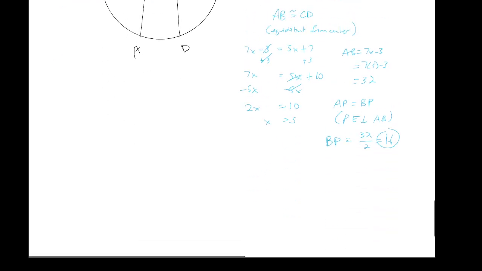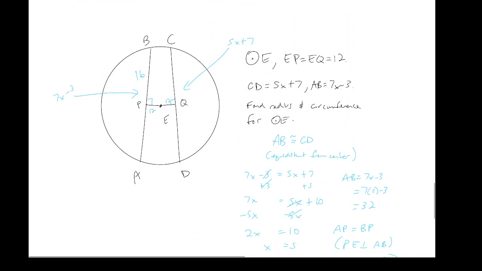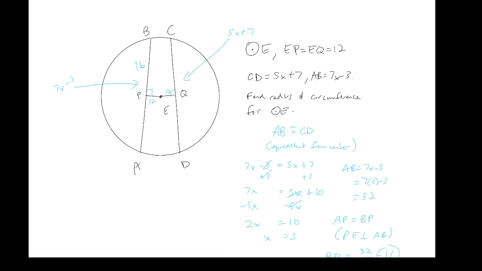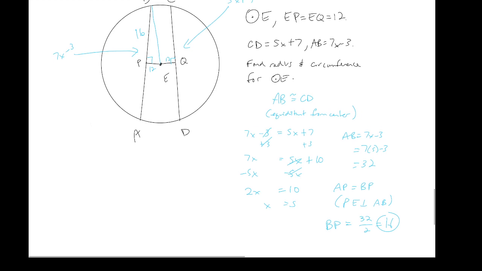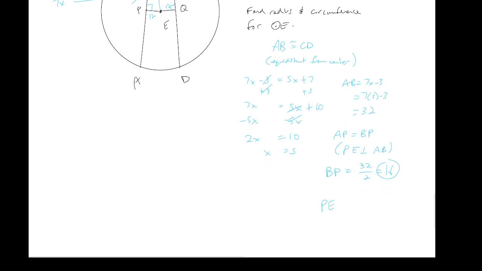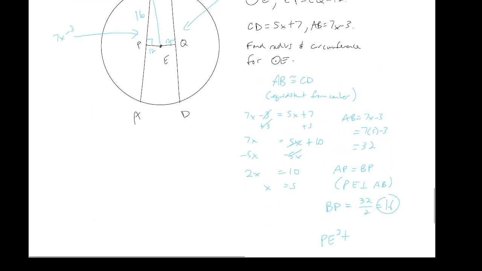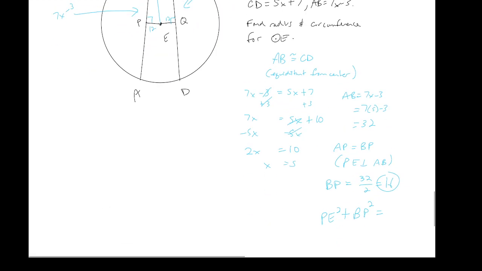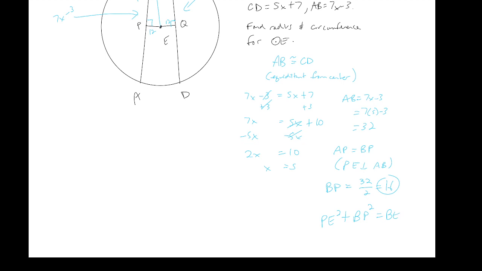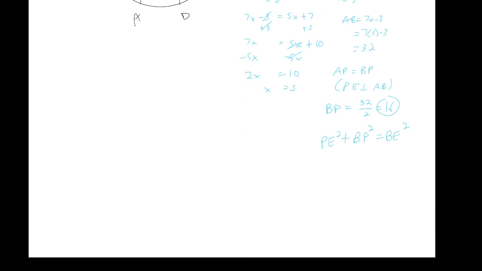So now that we have that 16, we want to find the radius, right? Well, gentlemen, if this is 12, look at BE. BE will be our radius right there, right? So we can say that PE squared plus BP squared is equal to BE squared. The Pythagorean theorem, right? PE we already have.